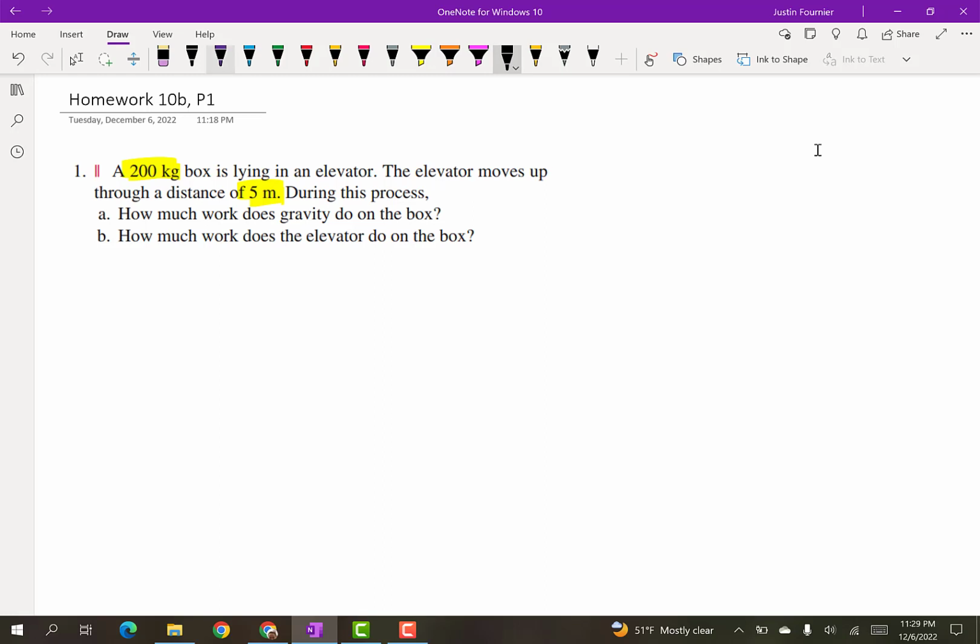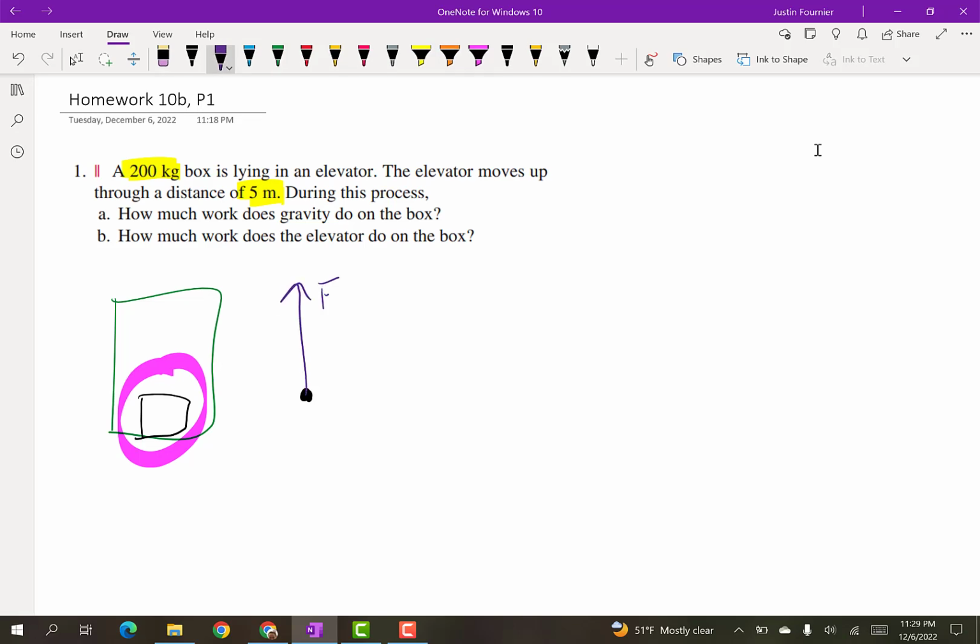All right, so if I have an elevator and I got a box in the elevator like this, let's make the box our object, and I'll draw a free body diagram of the forces acting on the box. I'm going to assume that it's moving with constant velocity, and that's just going to make this whole thing a little easier.